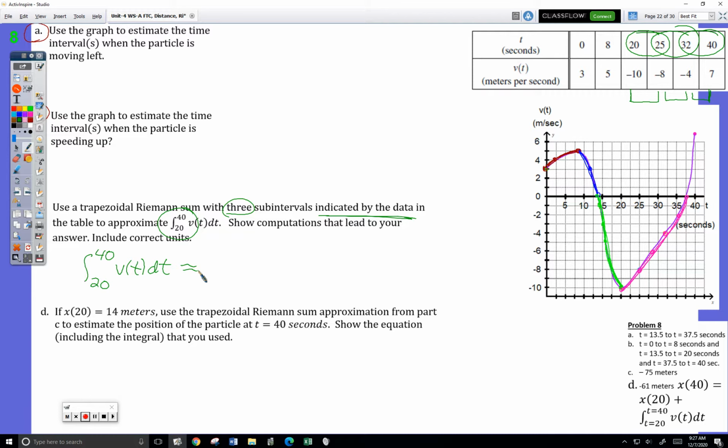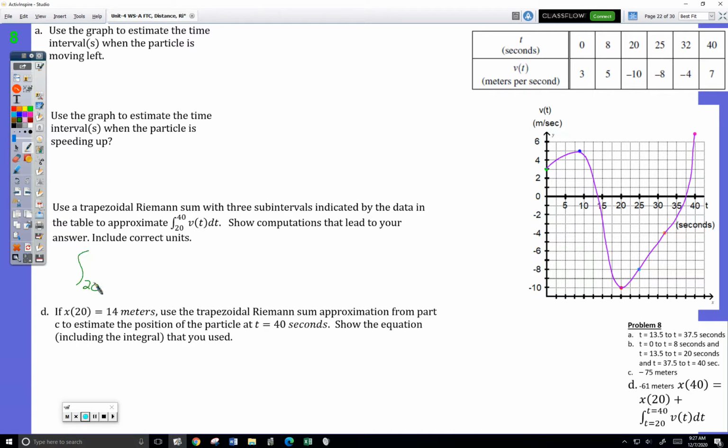Are they ever going to give us a problem where they don't tell us how many subintervals they want? I cannot recall that ever happening. So Zach's question was, did they ever give us a problem where they don't tell us how many subintervals? I don't have any recollection of that. Well, they could do it here, I suppose. They could have said this, Zach. It would not have caused you any trouble.